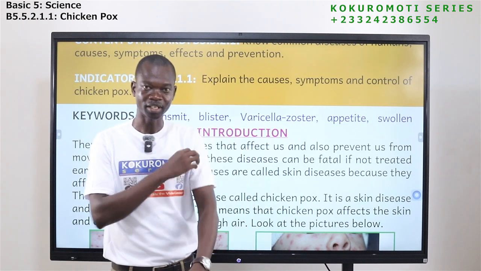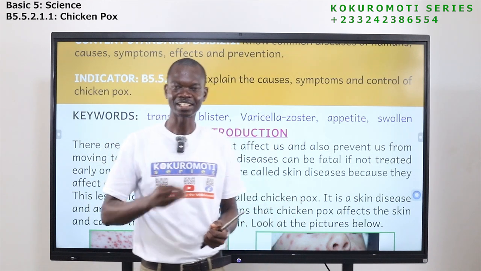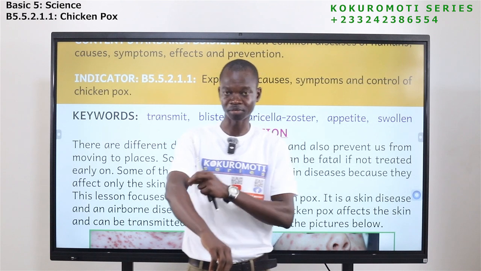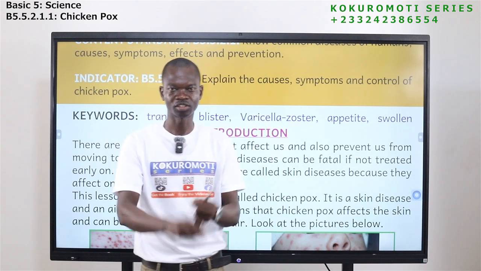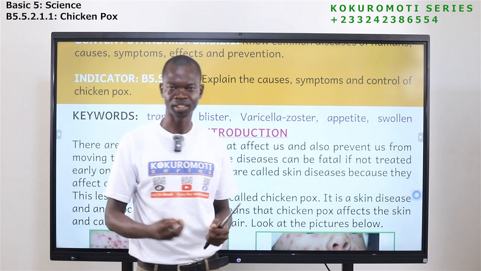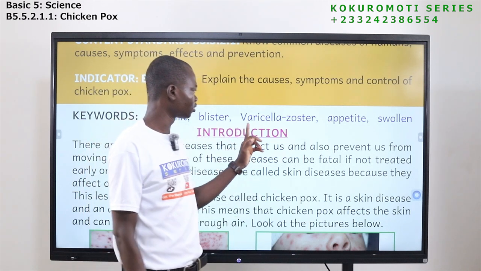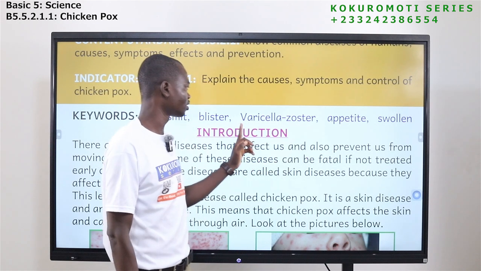So when you get chicken pox, some of the things that happen to your skin is that you see blisters on your skin, small bubbles, and mostly they are filled with liquid. So that is blister.